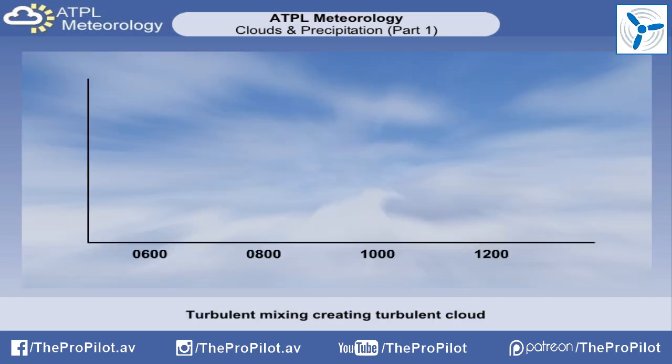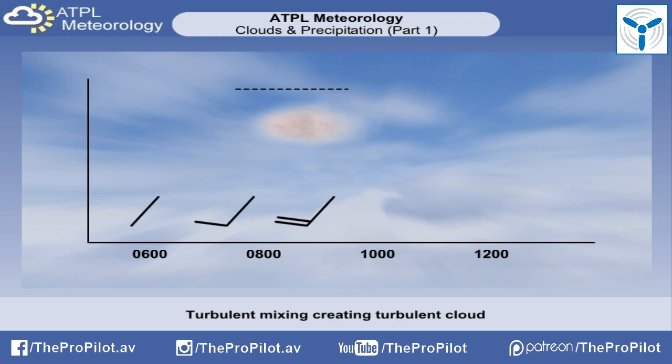Cloud can be produced by yet another mechanism, turbulent mixing. If, for example, we have very light winds overnight, layers of air with very different humidity properties can develop, but with no cloud. After sunrise, there may be an increase in wind, causing these layers to become well mixed.